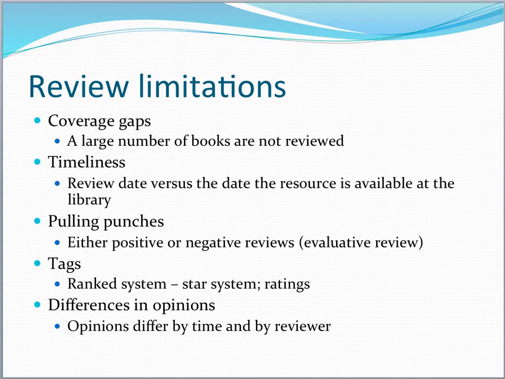According to the textbook, in the US, there are around 60 to 70,000 books being published a year, while we only get 6 to 7,000 reviews a year. What it means is only 10% of the books being published are reviewed. So there's a large gap there.